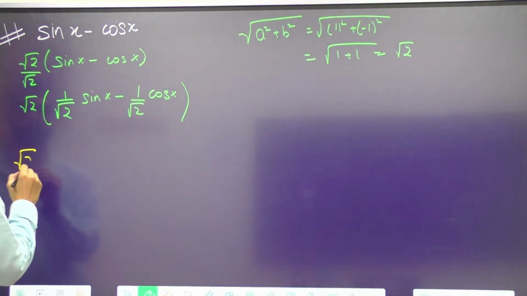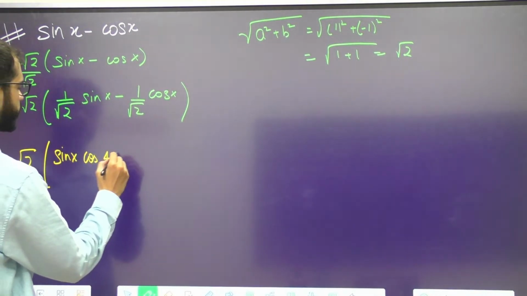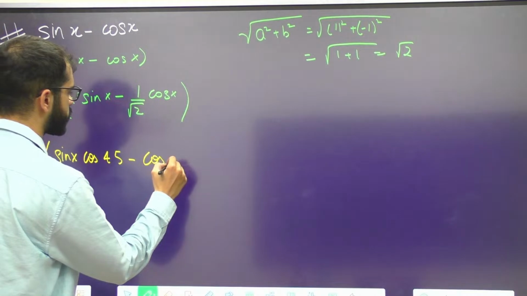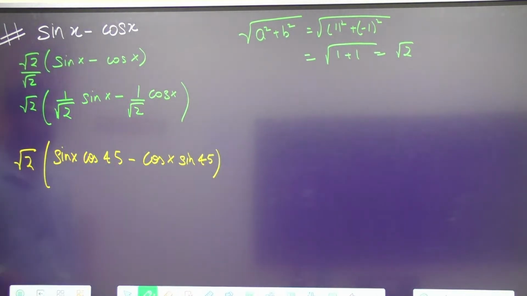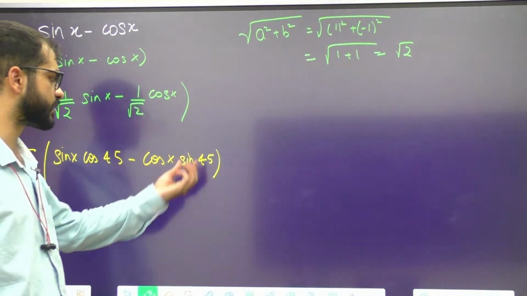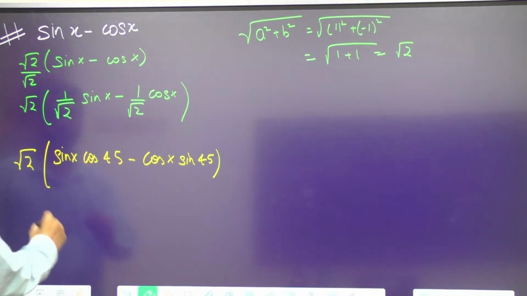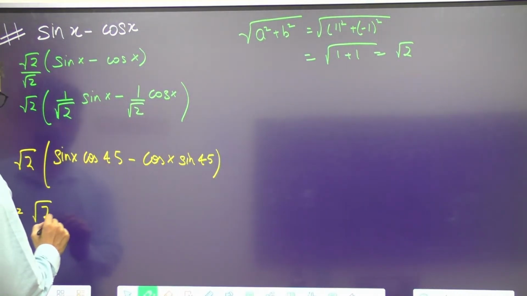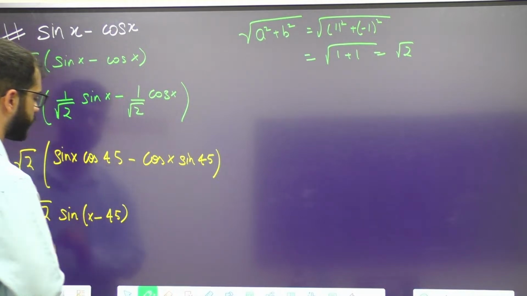So I am going to write root 2 sin x cos 45 minus cos x sin 45. Now this is sin x cos 45 minus cos x sin 45. This is the formula for sin x minus 45. So this is equal to root 2 sin of x minus 45.